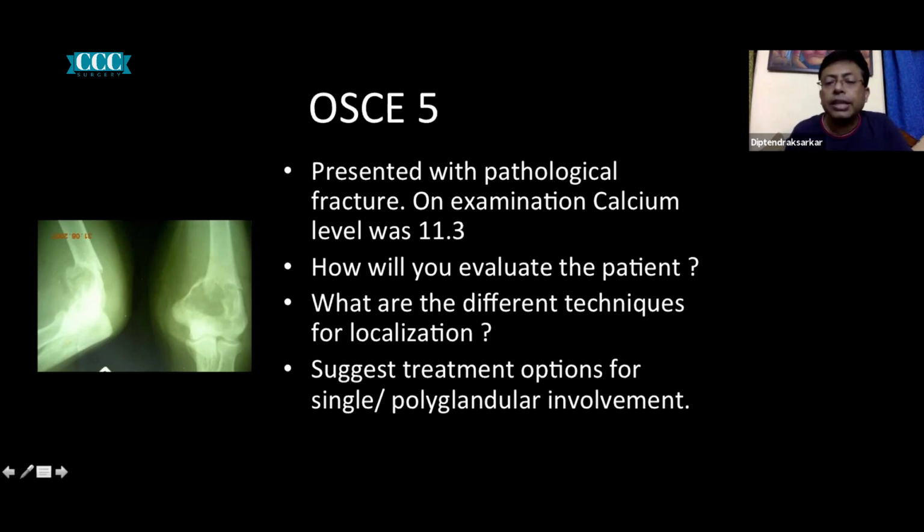The third question that is asked is, what are the different techniques for localization? For OSCE, your answer should be number one, a high resolution ultrasound of the neck. Believe me, it is an extremely sensitive and specific test for localizing the parathyroid.